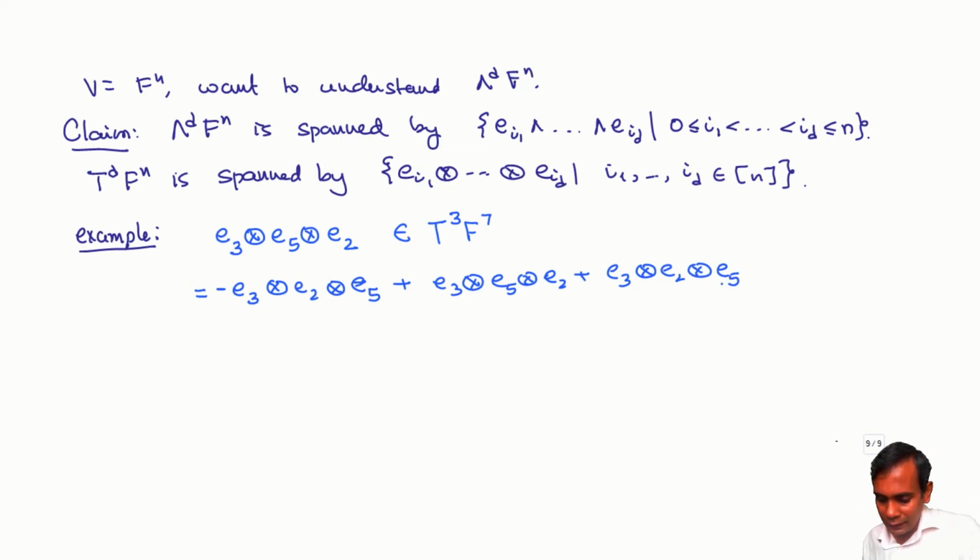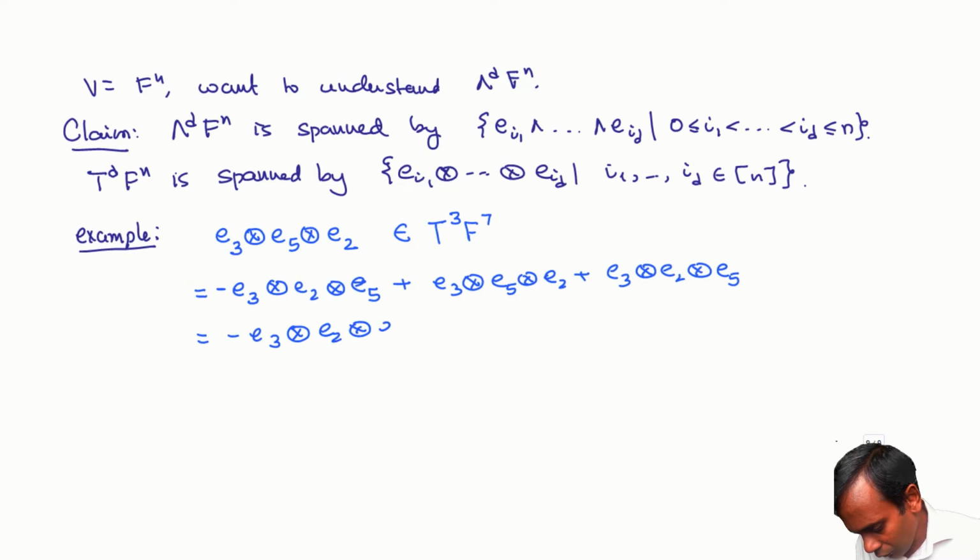I have not really done anything here; I have just added and subtracted e3 tensor e2 tensor e5. But let's club these two things together. This is minus e3 tensor e2 tensor e5 plus e3 tensor the quantity e5 tensor e2 plus e2 tensor e5.